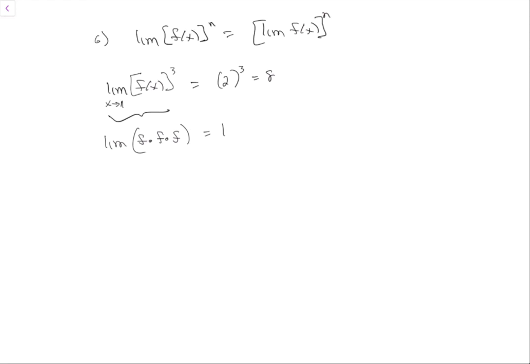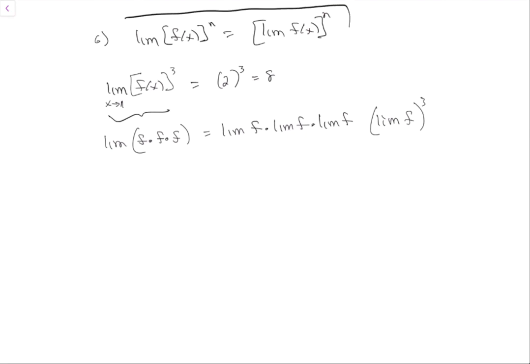So in that case, I'm looking at the limit of f times the limit of f times the limit of f, and that is the limit of f all being cubed. So not surprising that I can, in essence, push the limit symbol under the exponent.